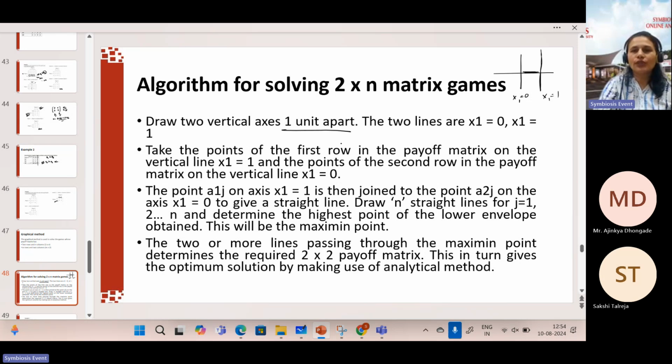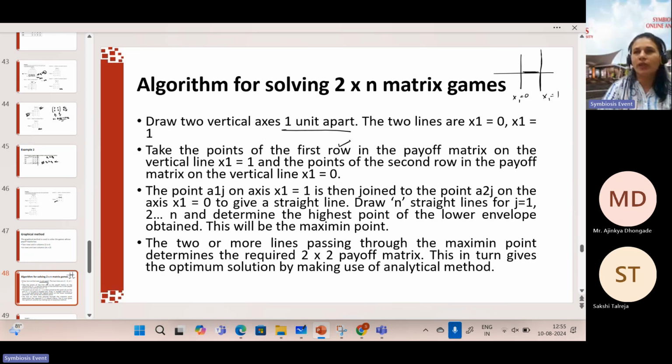Take the point of the first row in the payoff matrix on the vertical line x1 equals 1, and the point of the second row in the payoff matrix on x1 equals 0. In short, whatever points are given to me, I'm going to convert into the form of expected values, and then I'm going to plot them.